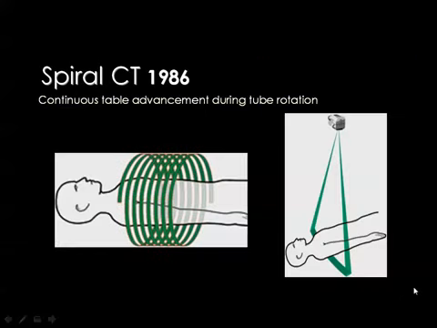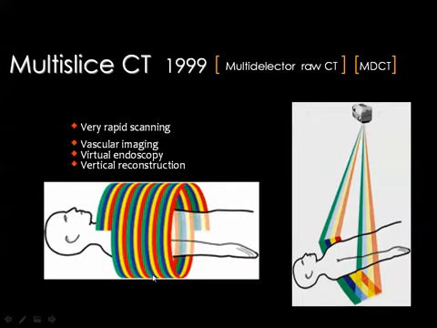Then if you have an X-ray tube and a single detector, then every tube rotation you get a slice. Every tube rotation you get a slice. Then what happens if you put in front of the machine more than one detector? Let us say four detectors in front of the X-ray tube.